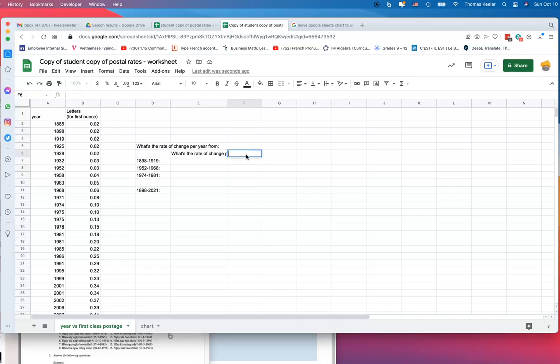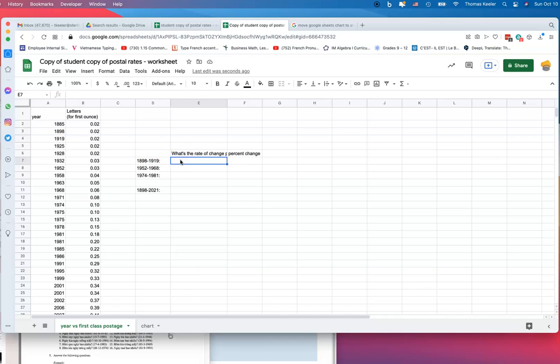All right, so that's going to be different. Percent change. And let's see if we can do that. Okay, so from 1898 to 1919. So we go back to, or actually you can just look here too, right? You don't have to look at the chart. So from 1898.